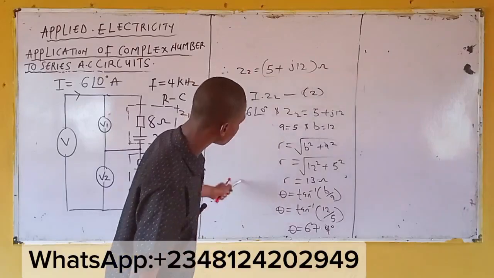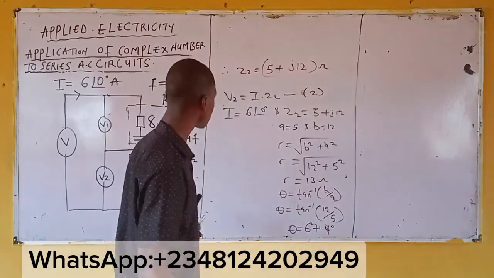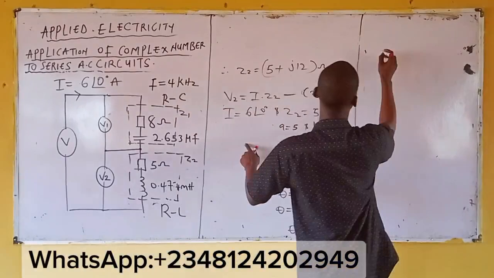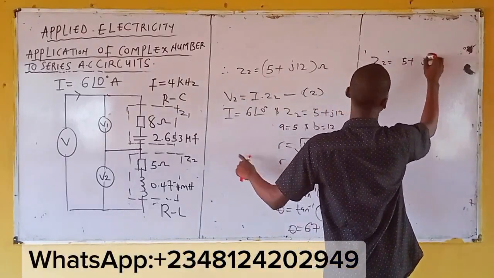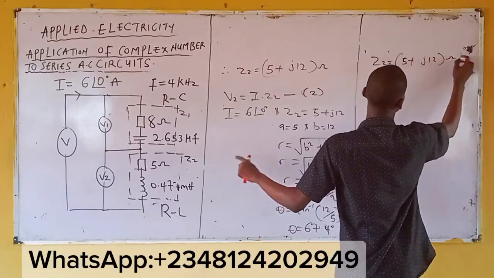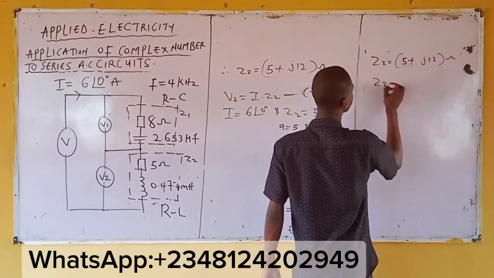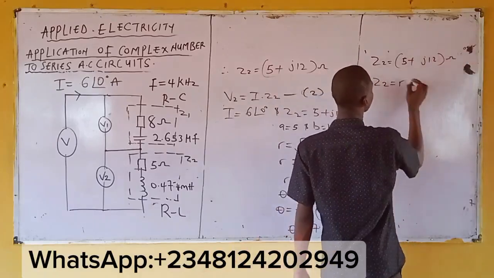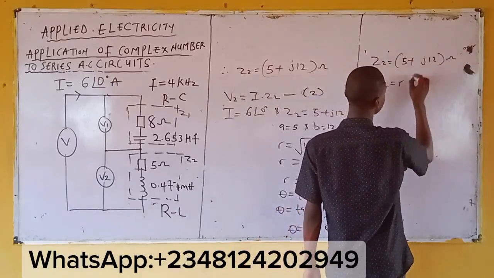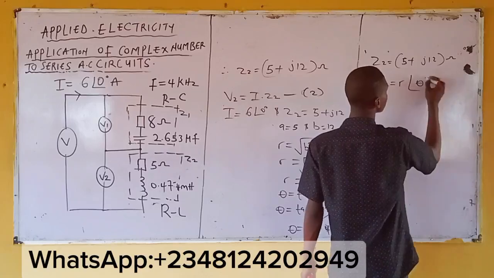Now, up to this level, we've solved for R and theta using the same process, right? Then we know that Z2 is 5 plus j12, which is rectangular form. To convert it to polar form, this is what you just need. Any question?